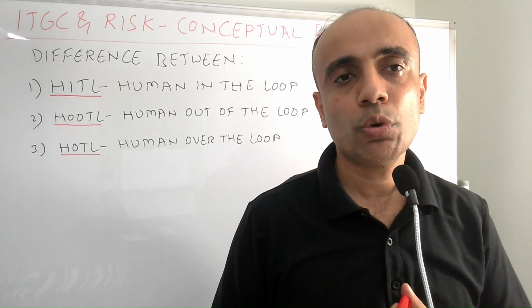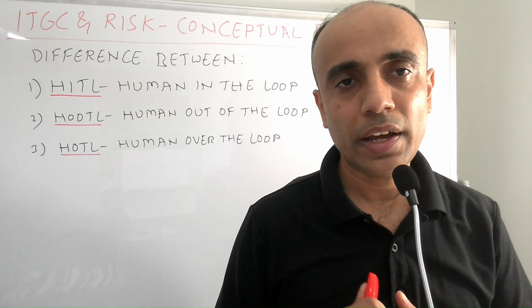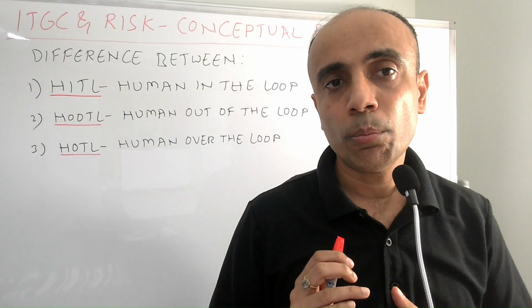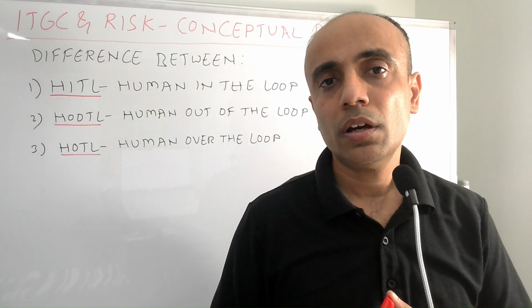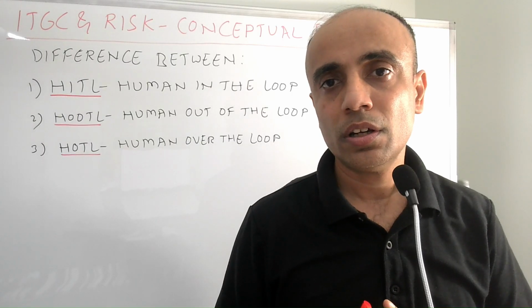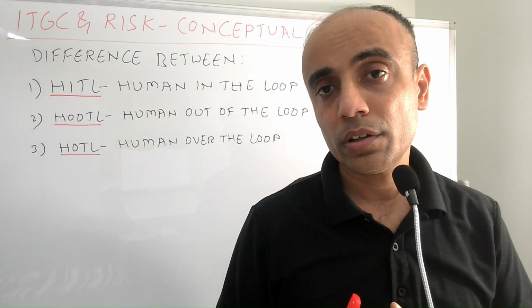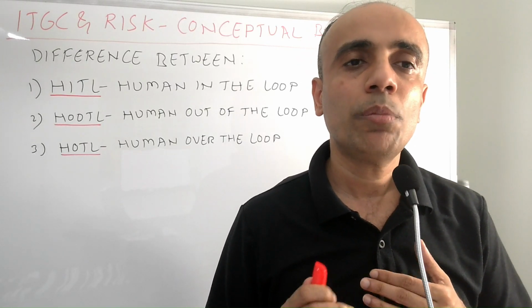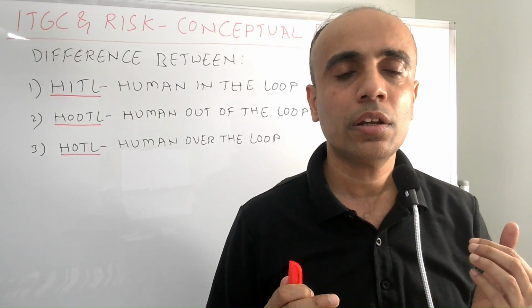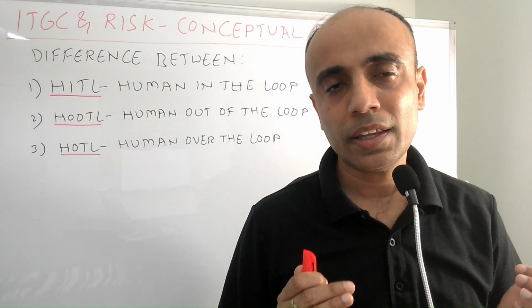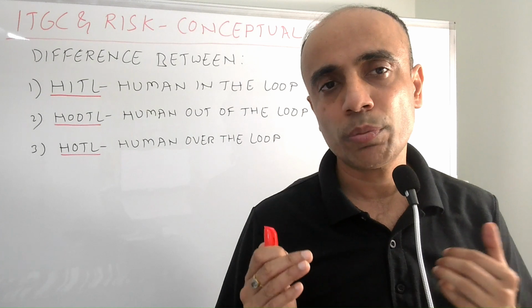The last one is human over the loop or HOTL. This means the human monitors the system but does not actively control every decision. However, the human can intervene if needed. So that's a middle between HITL, human in the loop, and HOOTL, which is human out of the loop.